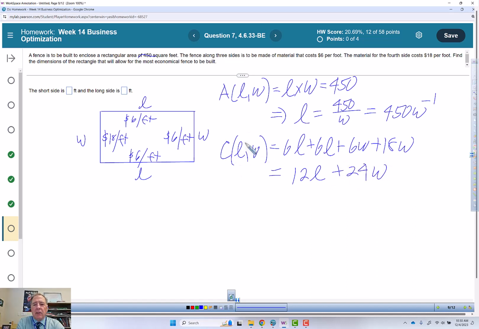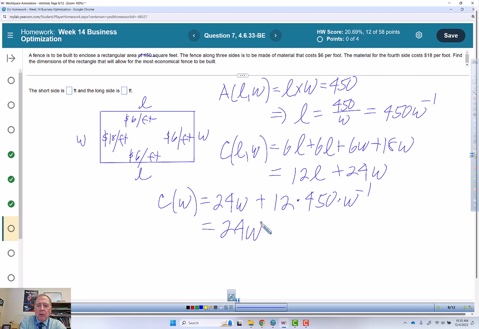Again, in this class, we're only going to deal with functions in one variable. So I need to get this cost function only as a function of W. So cost only as a function of W is going to be 24W plus 12 times, another expression for L, 450 times W to the negative 1.